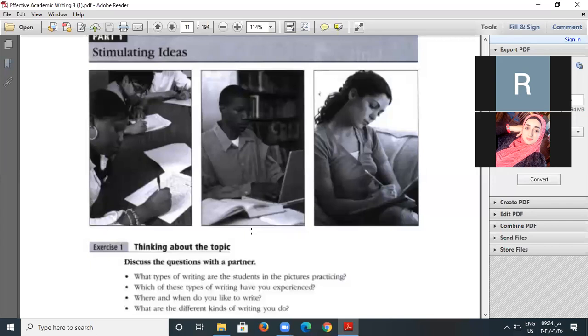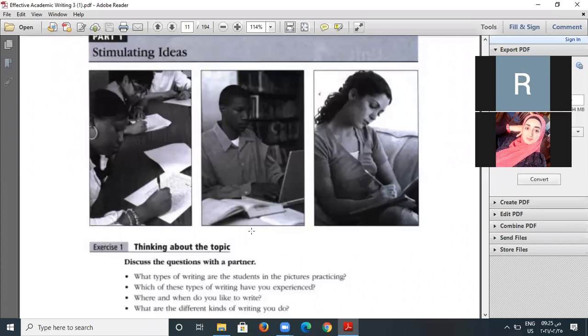The third picture. What's the topic of the third picture? Maybe it's personal writing, like day-to-day living, a diary. So we can see that we have 3 types of writing here. Each picture has a purpose or goal for writing.